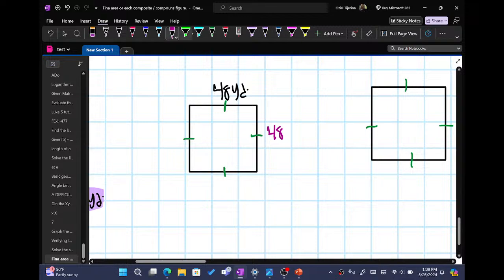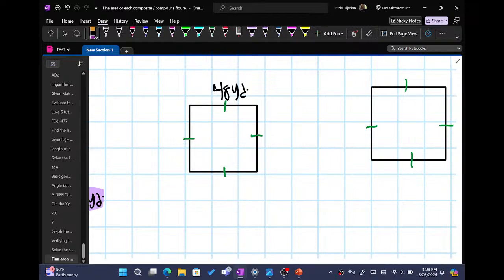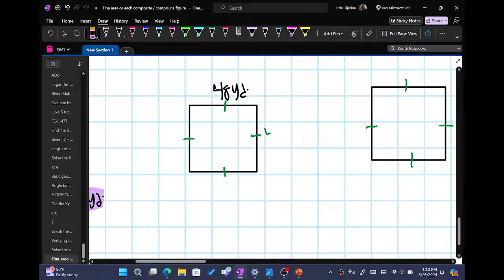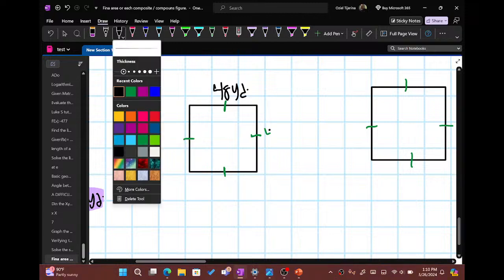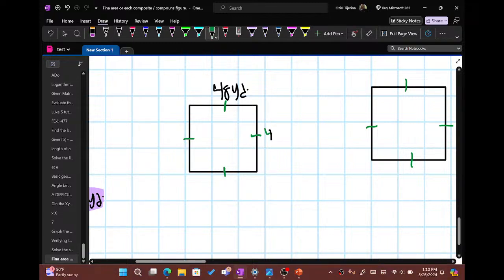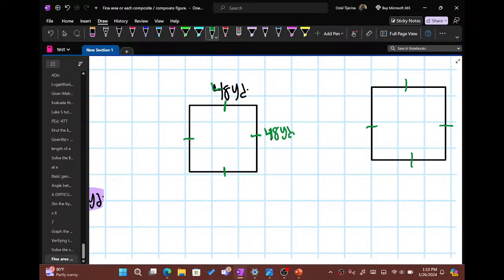What this means is this is congruent to this, and actually let me make it smaller. Sorry guys, hold on. This is also 48 yards. Okay.